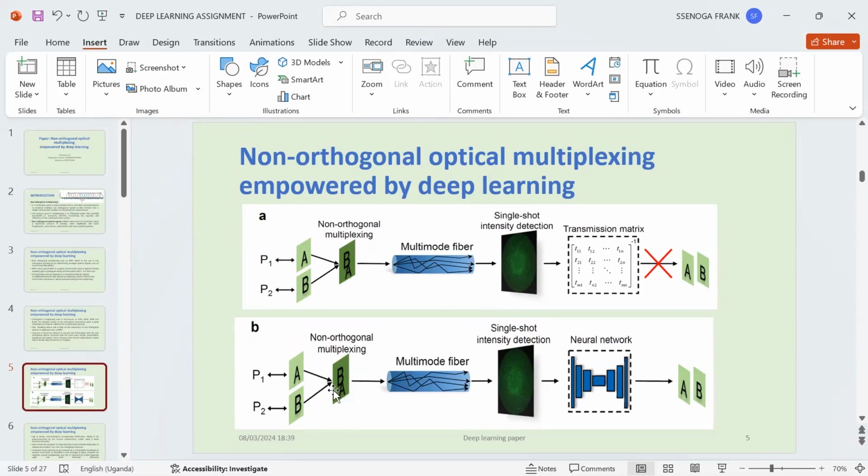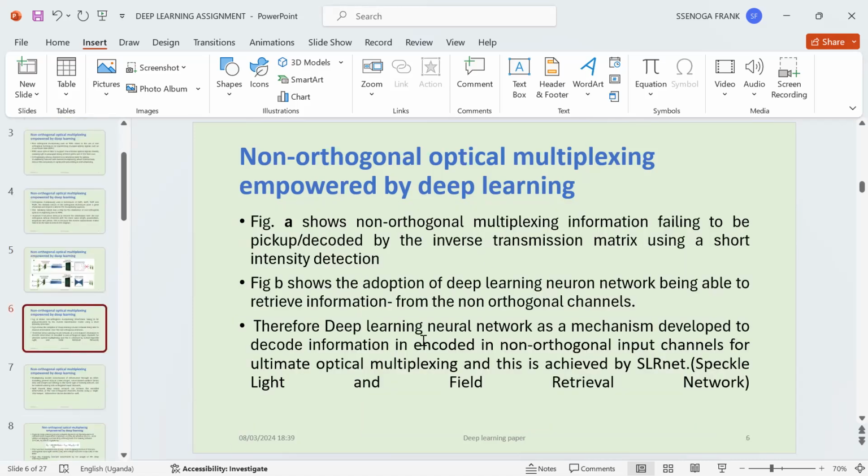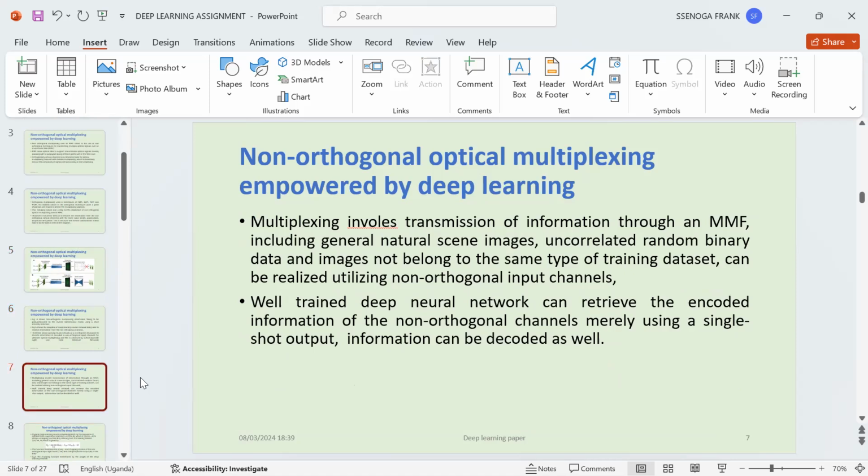They are being multiplexed, then propagated onto this MM cable, and then now there is the single shot. The single shot intensity is used to pick up this signal and then propagates it to the neural network. So this slide explains what I've been explaining.